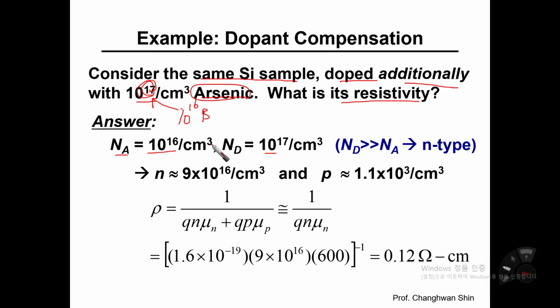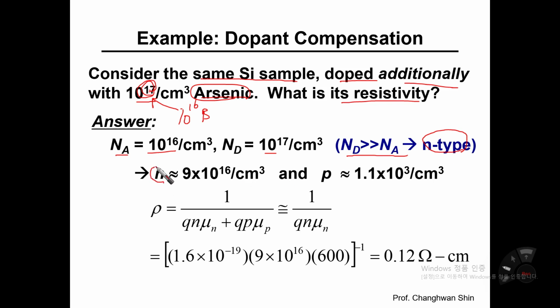Whenever I say much higher, it means at least 10 times higher. Again, whenever I say something is much higher than the other, it means at least 10 times higher. The 10 times difference should be there. So here Nd is much higher than Na, so now the silicon sample becomes n-type.